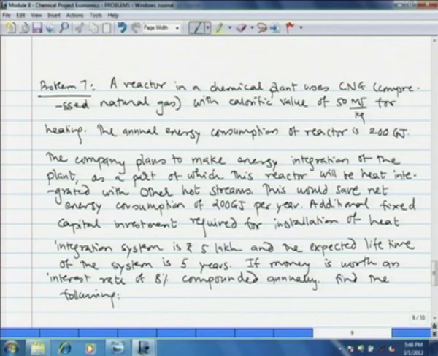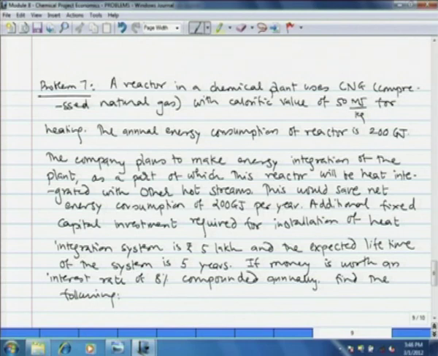And obviously, this would save a net energy consumption of 200 gigajoules per year. The additional fixed capital investment required for the installation of heat integration system is estimated at rupees 5 lakh, and the expected lifetime of this system is 5 years.